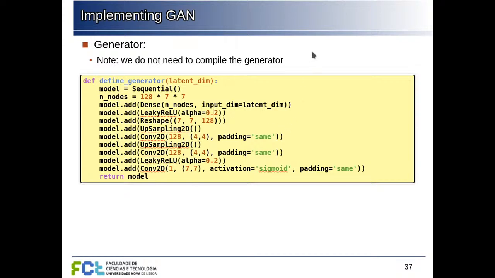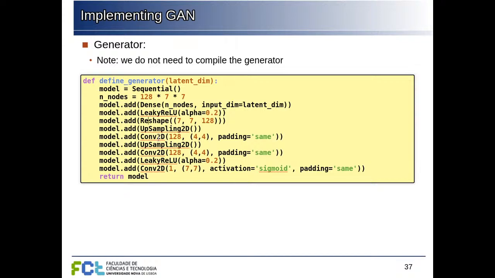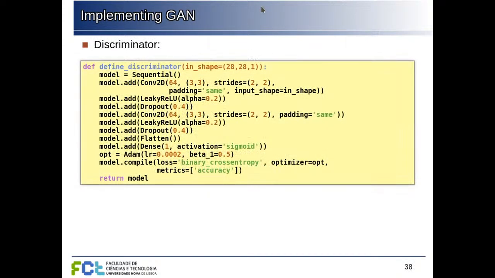But you can do this in different ways if you want to experiment. But the idea is just that we start with a vector of numbers, this random sample, and we end up with an image of 28 by 28 after the appropriate upsamplings and all these convolutions, so that the generator can generate the appropriate image. Now we need the discriminator.